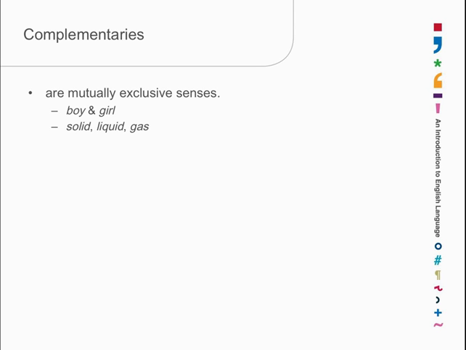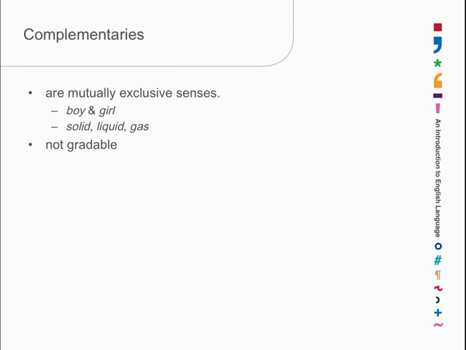Sometimes there are situations where these mutually exclusive senses are more than just pairs. We know from doing science that a substance is either a solid or a liquid or a gas, and there's nothing else. That's it. They're not gradable, of course. Something can't be very liquid, really, or very gas.